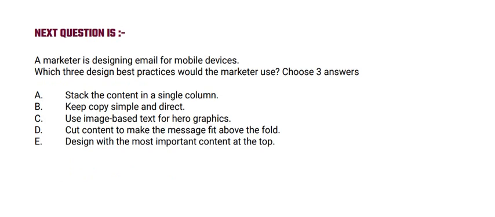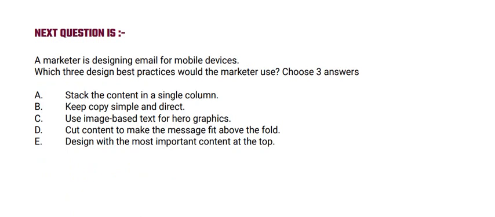Next question is, a marketer is designing email for mobile devices. Which three design best practices would the marketer use? Choose three options. Options are option A, stack the content in a single column. Option B, keep copy simple and direct.